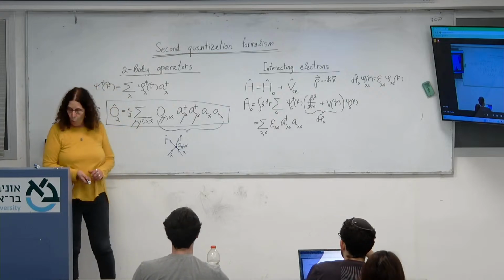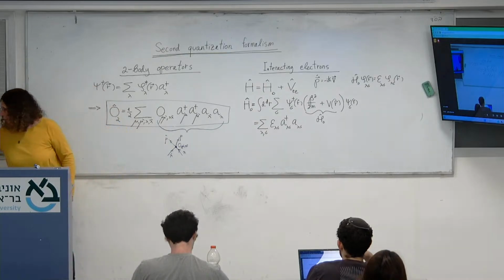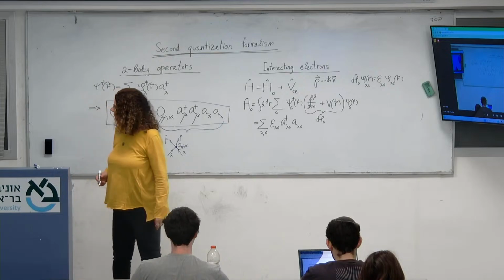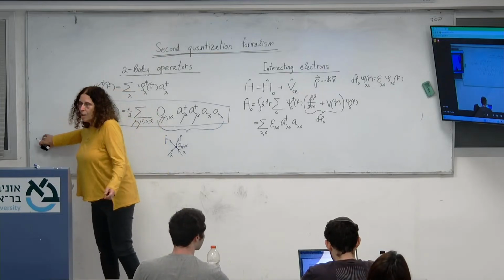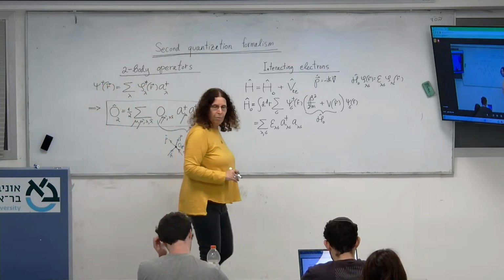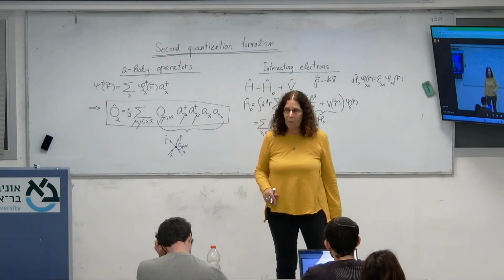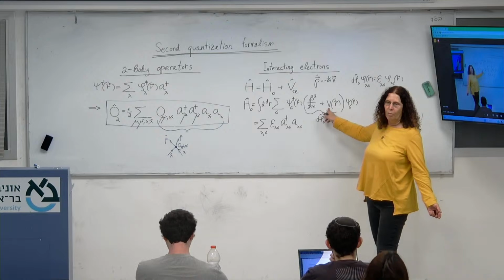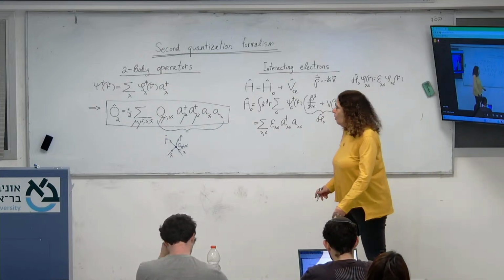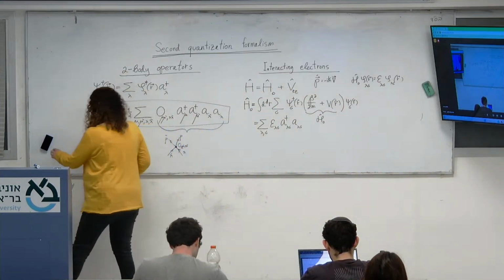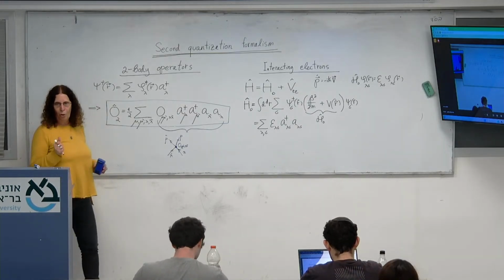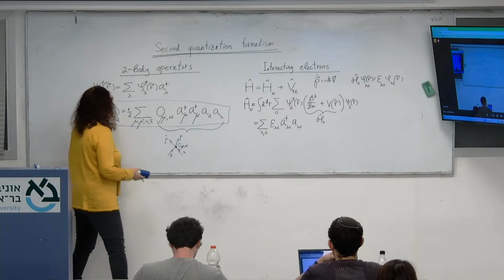Let's see what special cases we might be interested in. The simplest case we can think of: what is the simplest potential we can choose here? 0, right? So let's talk about free electrons. When I say free, it's only the H naught that is free.